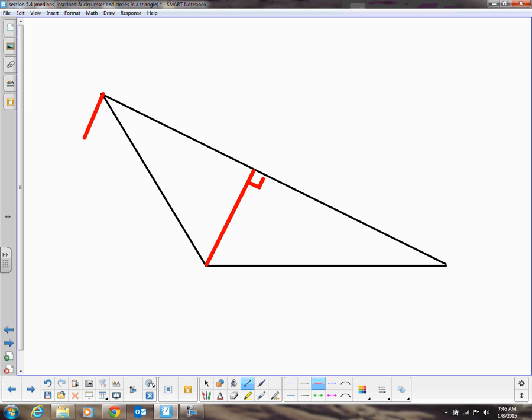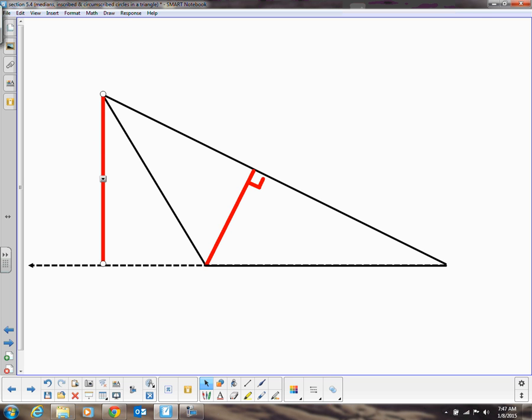So what happens then is we have to extend this side. That's what we mean. See that line that contains that side? Now, can I be perpendicular? Yes. That is a second altitude right there.